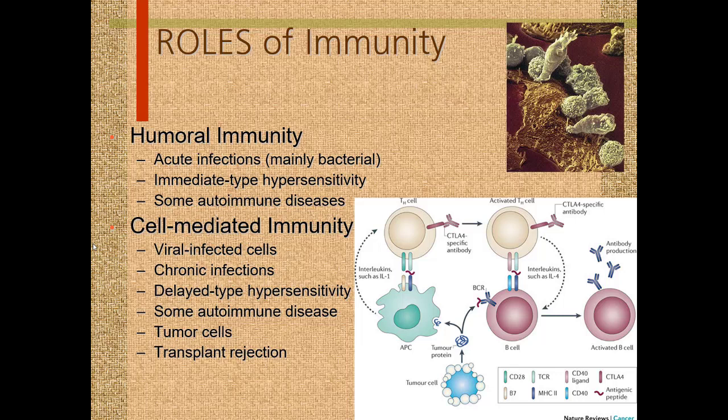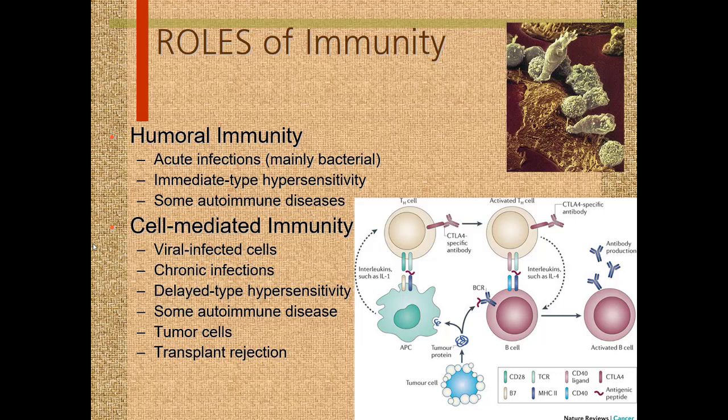They last a long time. They're rather insidious, and those are best controlled by CMI. Another type of allergic reaction called delayed type hypersensitivity, some autoimmune diseases, transplant rejection, all mediated by cellular immunity and the control of cancer cells.